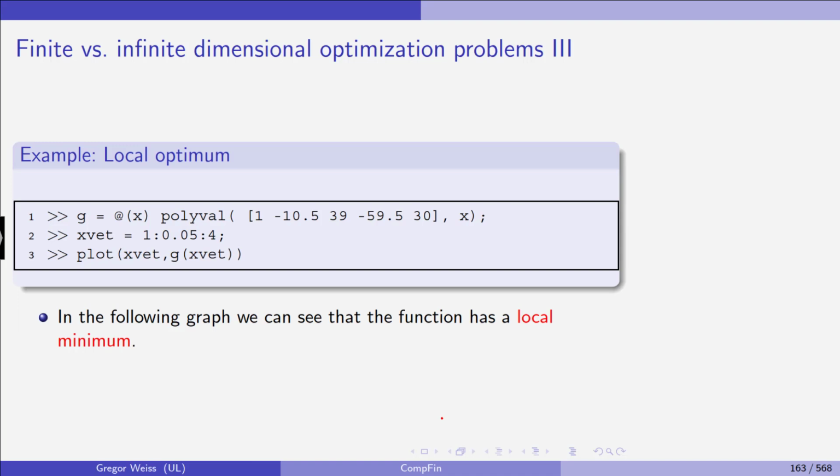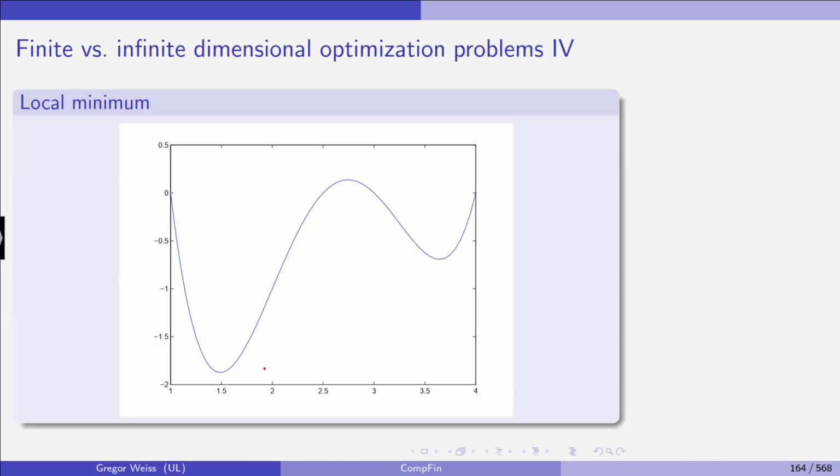So we are simply evaluating a polynomial, and x vet is a vector of x values from 1 through 4 in steps of 0.05. Let us now plot this, and we see we have one local minimum here and one global minimum here. Obviously, some algorithms will run into this one, some algorithms will run into the global minimum.